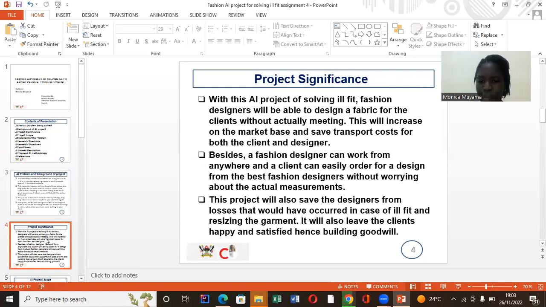Besides, a fashion designer can work from anywhere and at any time, and the client can easily order an outfit from the best fashion designers without worrying about the actual measurements and how they're going to be taken. This project will also save the designers from losses that would have occurred in case of ill fit and redesigning or resizing their garment. It will also leave the clients happy and satisfied, hence building goodwill.